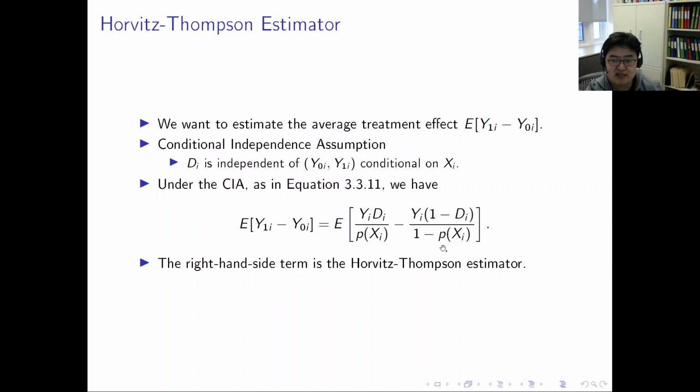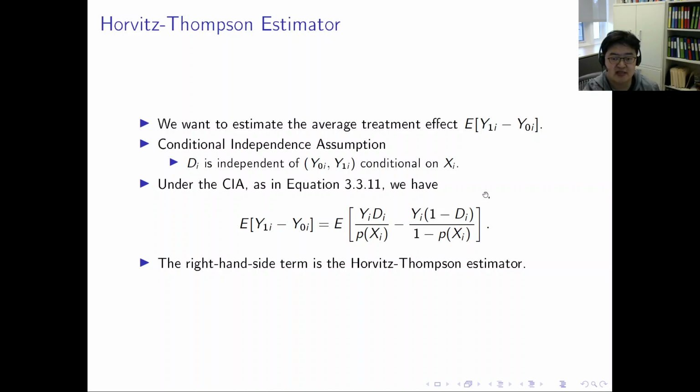The right-hand side is a function of an expectation of y, d, which are observed, and p, which is the propensity score, and you can estimate that. On the right-hand side, everything is estimable, but on the left-hand side, we don't observe either one of them, so we cannot directly calculate the left-hand side, but you can calculate the right-hand side.